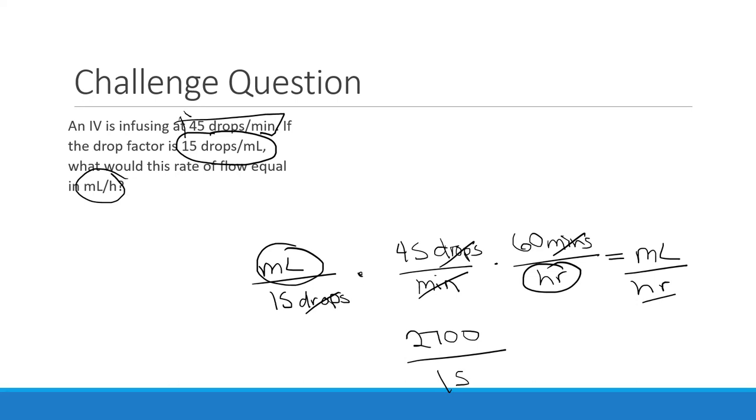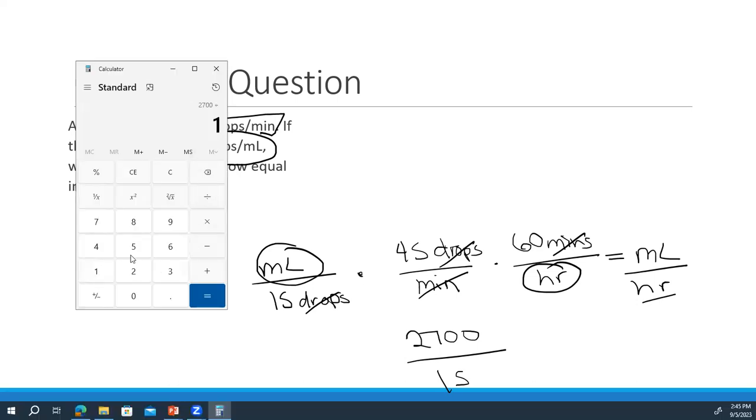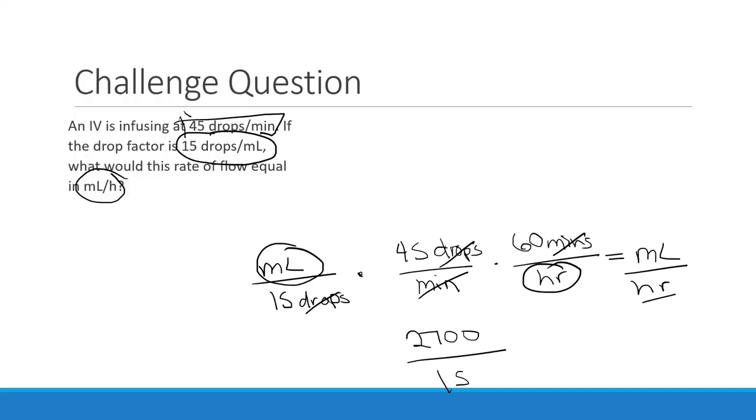So 2,700 divided by 15, which gives me 180. That's going to equal 180. So there's 180 mLs every hour, and that's my answer.